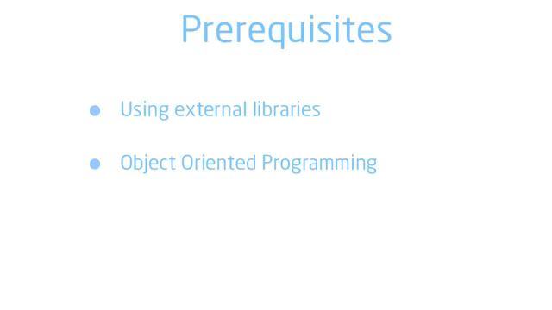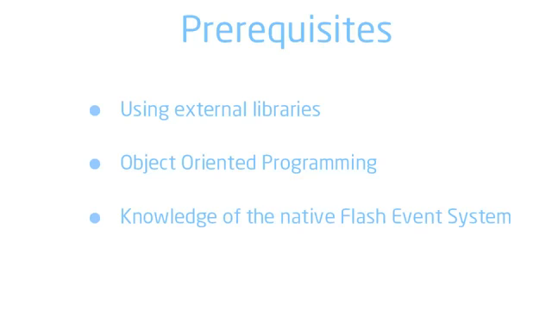Second, I'll assume that you have some experience with object-oriented programming. Third, you need to have some experience with using the native event system in Flash. Preferably you understand the whole capture and bubble phase flow as well. It wouldn't make sense to start working with signals unless you have at least a grasp on how OOP and the native event system works.